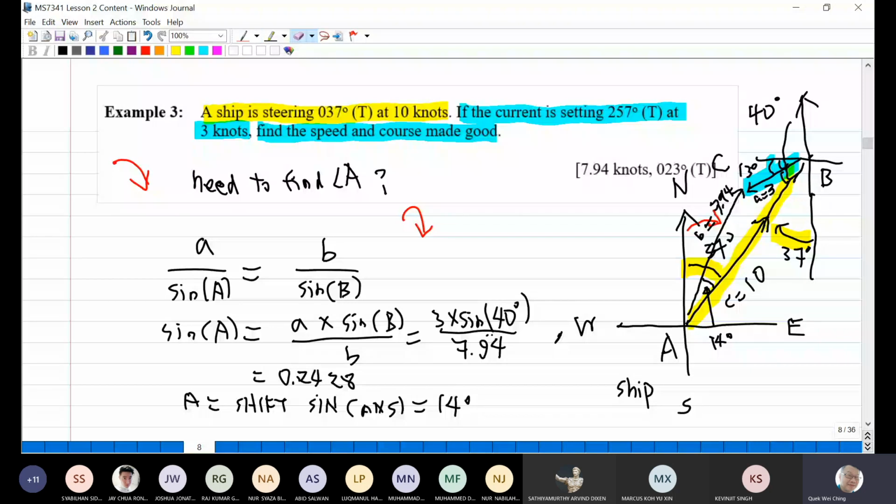So the course made good here is equal to, okay, you look at 37 degrees. 37 degrees is the yellow one, minus angle A, which is 14.